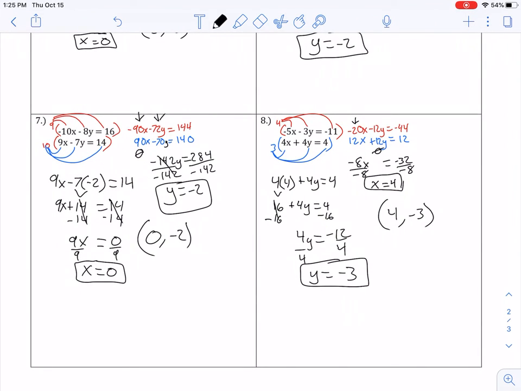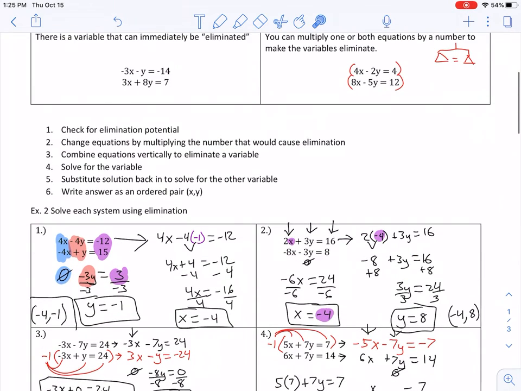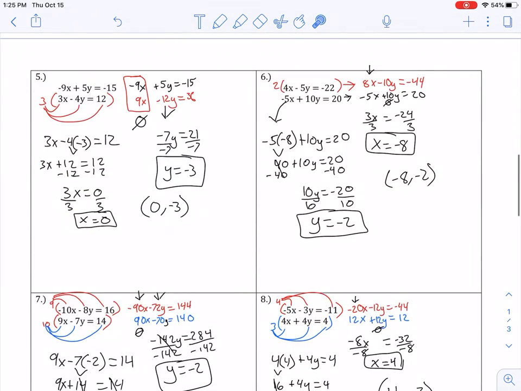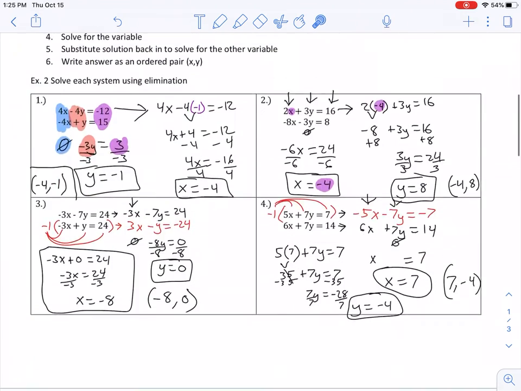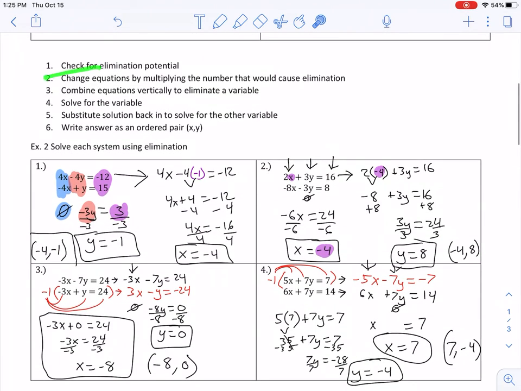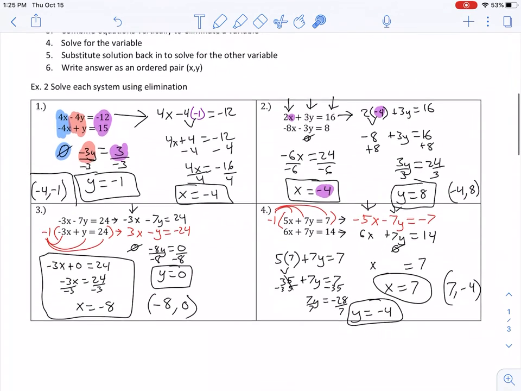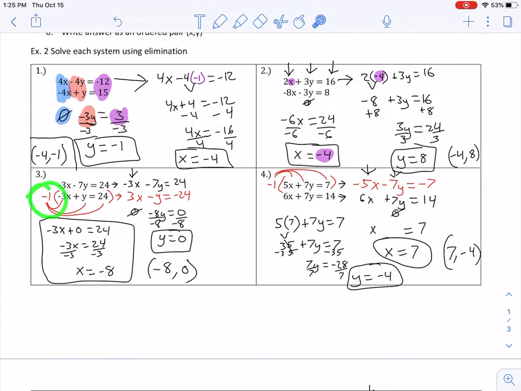So when we are solving using elimination, again, we check for elimination potential. Not all of them are going to take all of this work where we're changing things. We change equations by multiplying a number that would cause them to eliminate. So if they don't have immediate elimination potential, then we're going to want to multiply in, like sometimes it's just a negative.